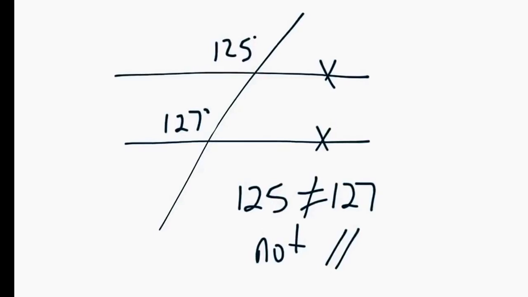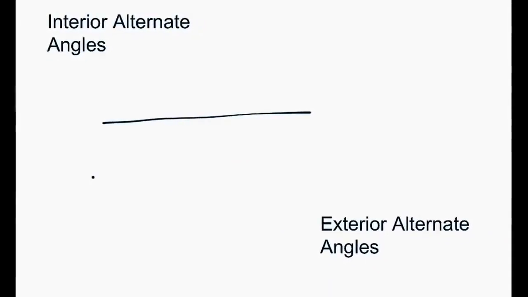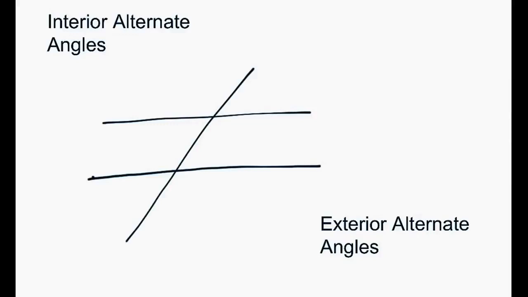You can use the angles to figure out whether the lines are parallel, or if you know that they're parallel, then we know that the angles have to be the same. There are two more sets of angles that we have to be aware of. The first one is interior alternate angles. Let me put this back in the diagram. We know that if this one was 150 degrees, then this one here was 30, and the opposites had to be the same.